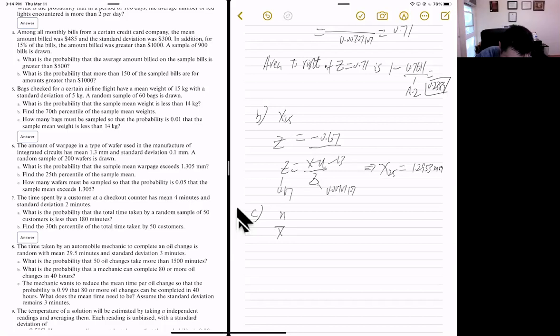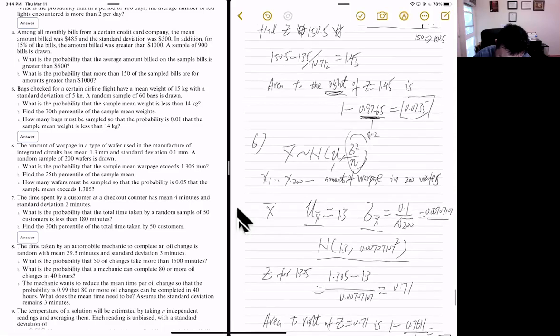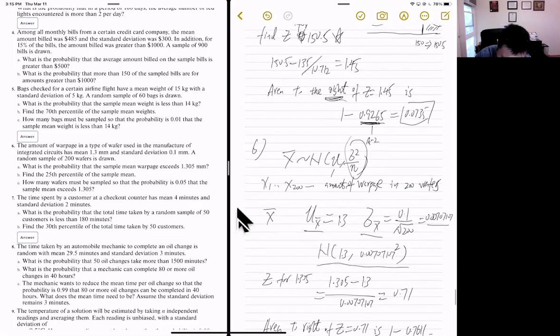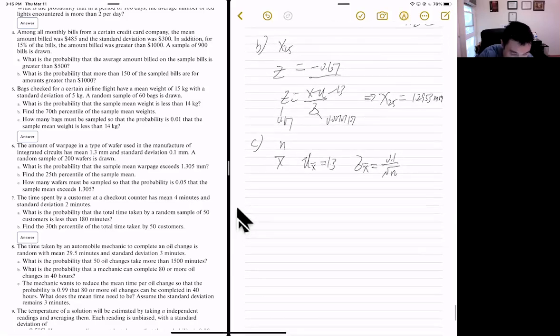The mean value of the average is still 1.3, and the standard deviation is 0.1 over square root of n, because of the equation here. And the question tells us the probability for the mean value larger than 1.305 is 5%.